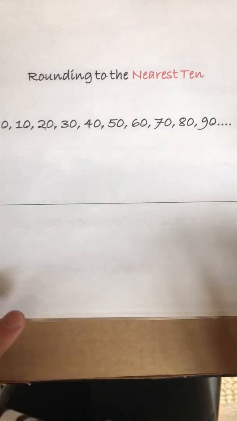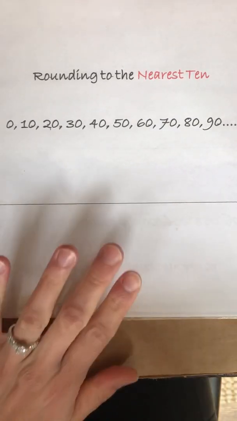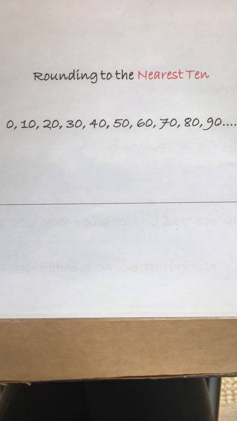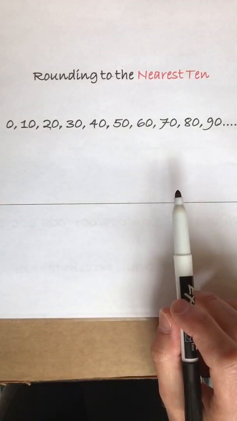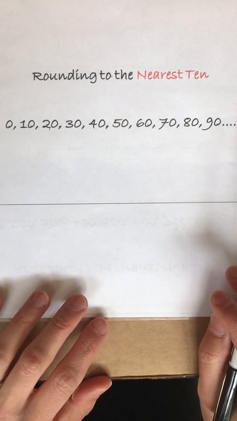Let's work through this one together. So I have a number line right here that I made. So again, you can just draw your own, or you can print mine from the Flipgrid. So if we want to round 638 to the nearest 10, our first job is to draw a number line, okay? And then we need to label the tens that the number is between.